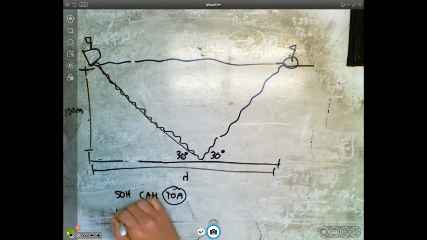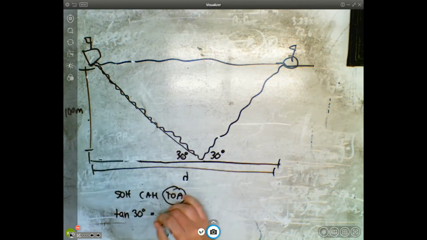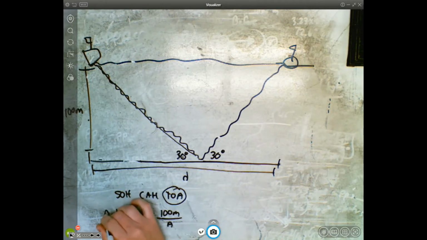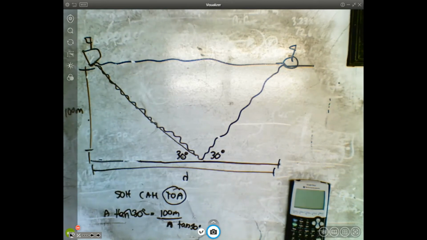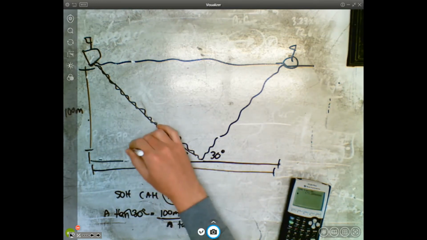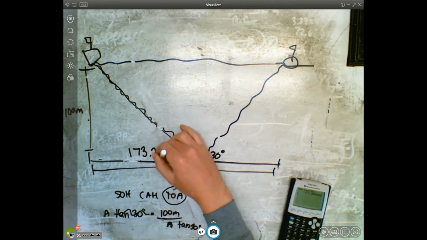So I can set it up as tan of 30 degrees is equal to opposite over adjacent. Move the adjacent up here, move the tan 30 down below, and I can find out what this distance is. So 100 divided by tan 30 gives us 173.2 meters.